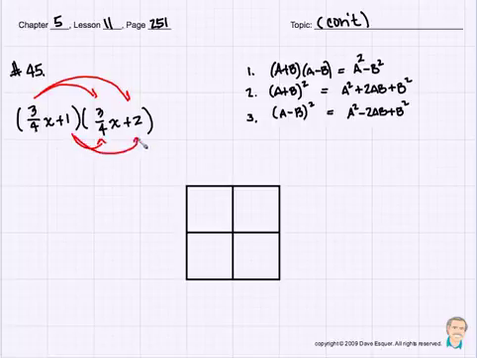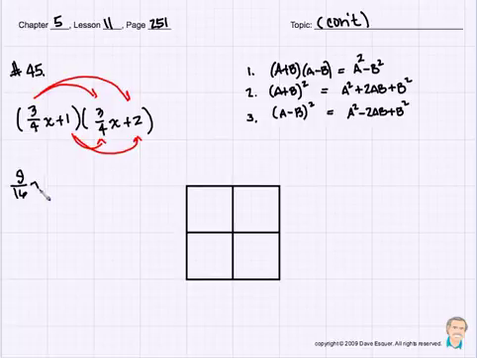First, outside, inside, last. So let's give that a shot. So 3/4 times 3/4 I think is 9/16. Oops, x squared. Let's try this again. Let's not make any mistakes.